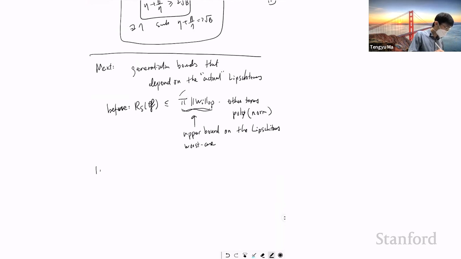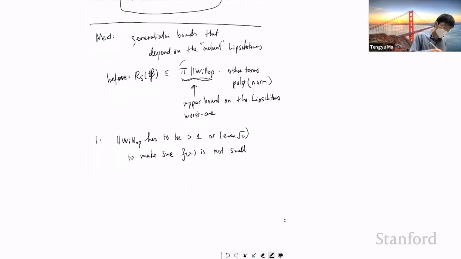One thing relates to the limitation of this bound: this W_i operator norm has to be larger than 1, or arguably even larger than square root 2, to make sure f(x) is not too small. Why is this the case? This is because if you look at every layer, let's say h_i is the ith layer.